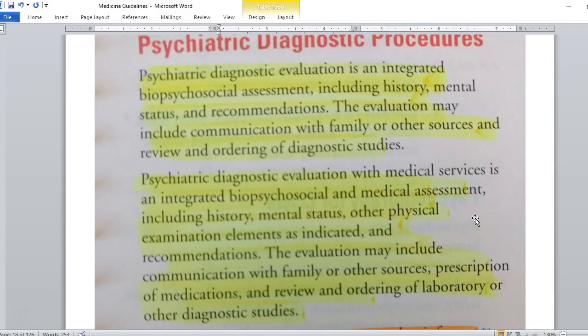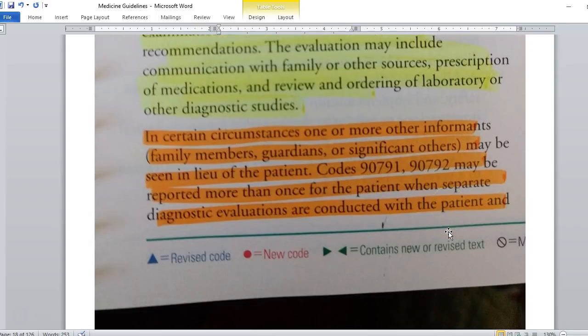A psychiatric diagnostic evaluation with medical services is an integrated biopsychosocial and medical assessment that includes history, mental status, other physical examination elements as indicated, and recommendations. The evaluation may include communication with the family or other sources, prescription of medication, reviewing and ordering of laboratory or other diagnostic studies.